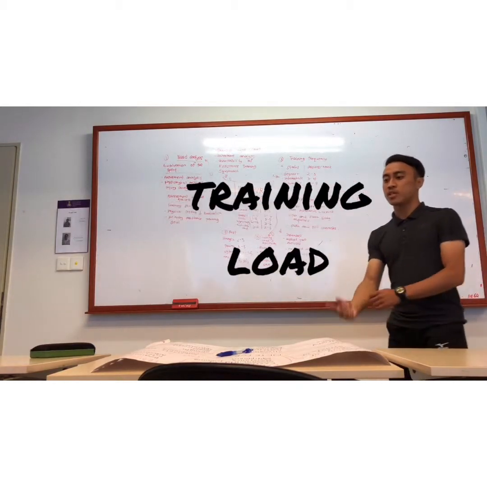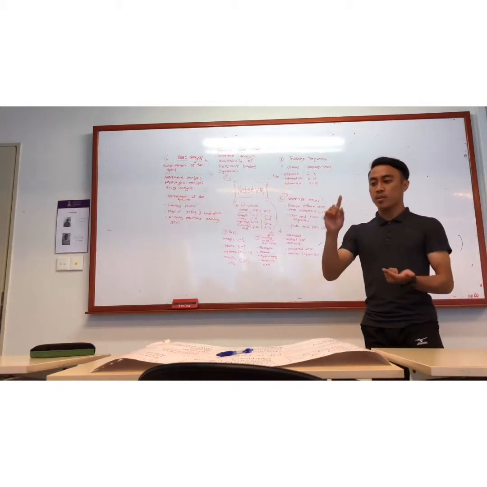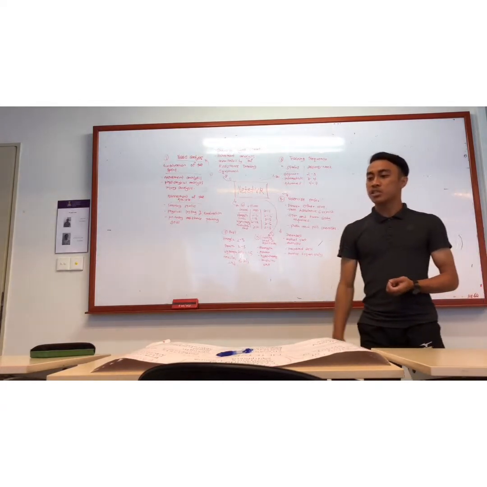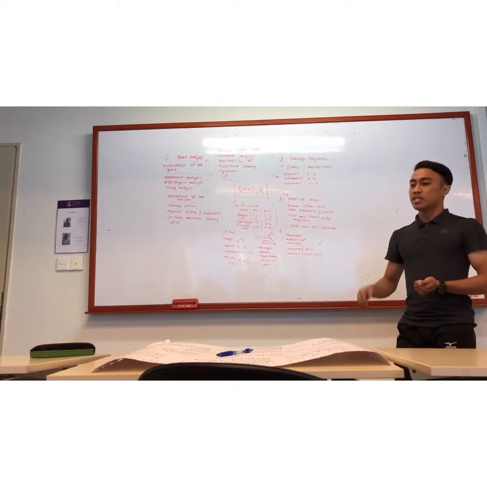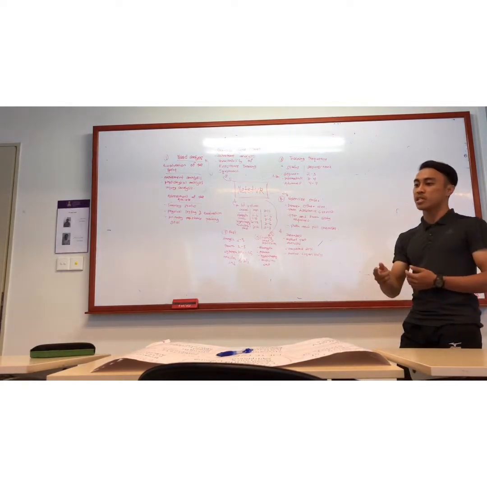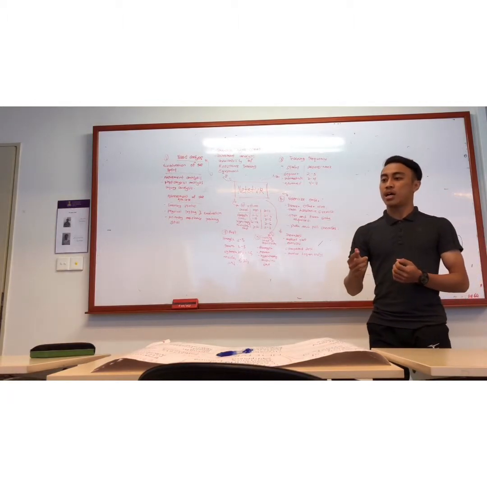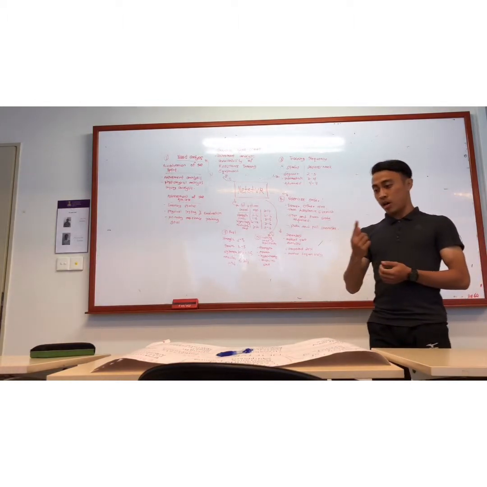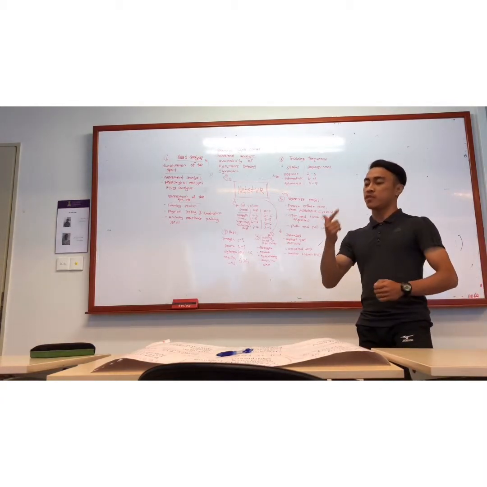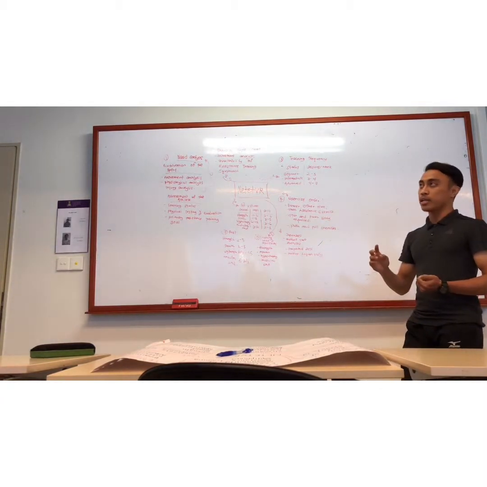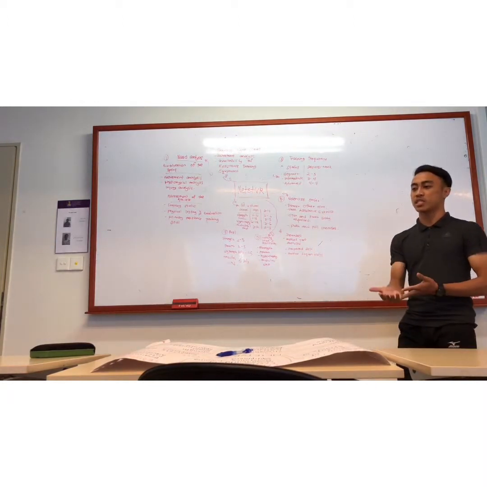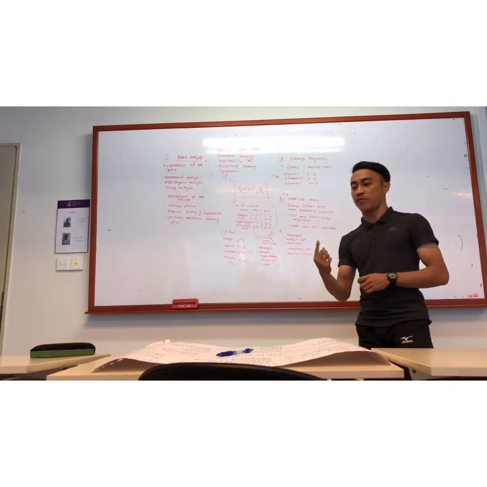Training load and repetition: first we have strength training, power, hypertrophy and muscular endurance. For strength, the intensity of the strength training is 85%, so the repetition is 6 repetitions and above. For the power training, it involves 75 until 90% of intensity, and the repetition is 1 to 5 repetitions.